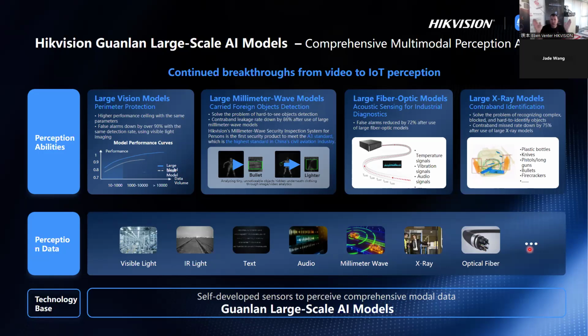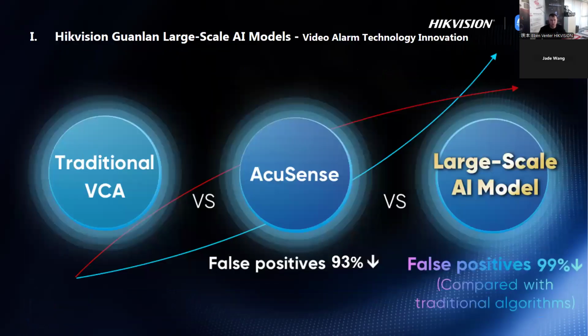There are so many different categories that we can focus on, but for now, I'm only going to focus on the perimeter protection. But letting you know also, in that perimeter protection, we need to understand different vertical levels.